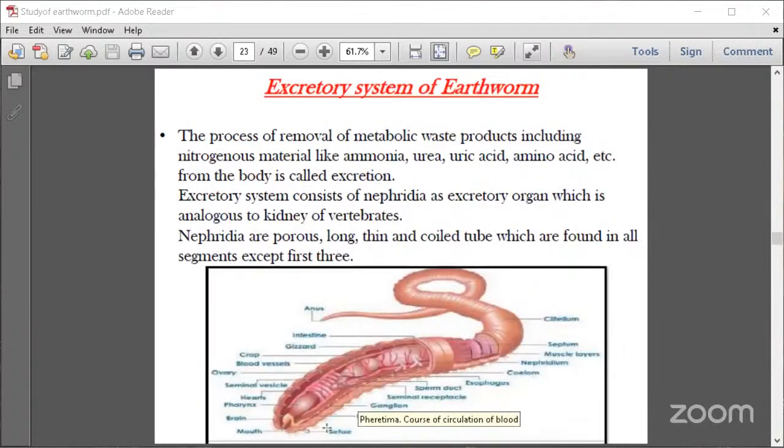Next, the excretory system of the earthworm. Here you can see the structure, especially the excretory system of the earthworm.